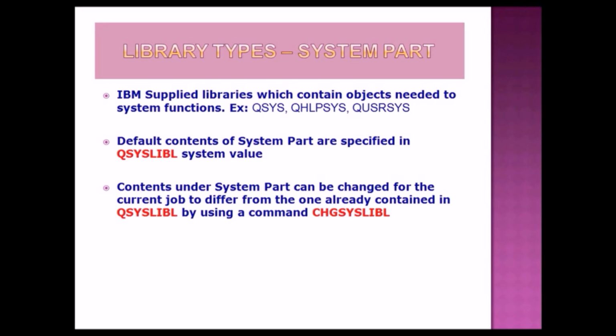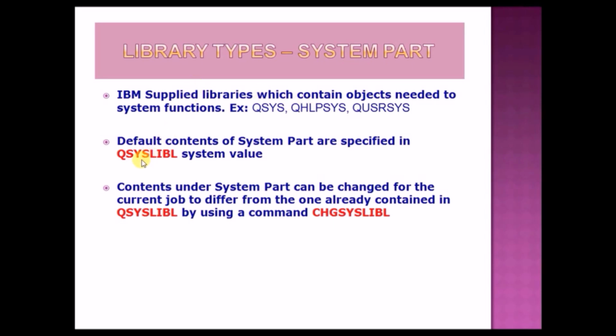By default, a system library can contain up to 15 libraries. Note that the libraries under the system part come supplied with the IBM i package, and the contents of this system library list are contained inside the system value called QSysLIBL.